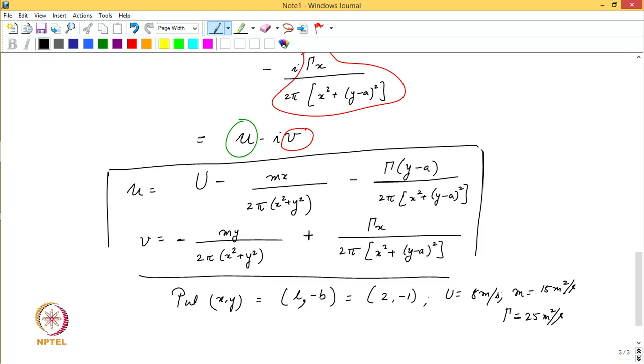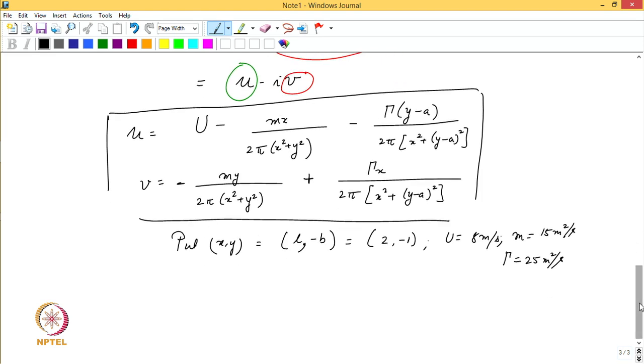So, if we substitute these values, we can calculate the values of u and v, and you can work that out. You can prove to yourself that u will come out to be about 8.01 meter per second and v will be about 1.26 meter per second.